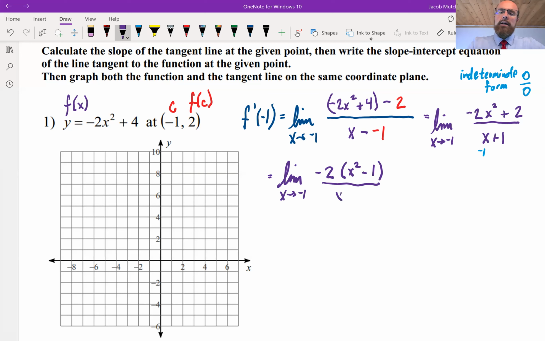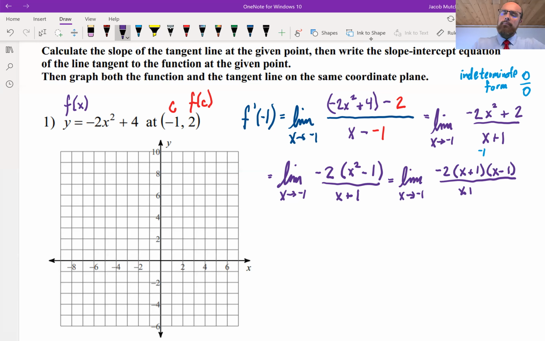And as I take a look at that quadratic that I've got in the numerator now, that is the difference of two squares pattern. So I recall from Algebra 1, Algebra 2, that I can factor that using that difference of squares patterning, -2 times x plus 1 times x minus 1. And I've factored that quadratic, that difference of two squares.